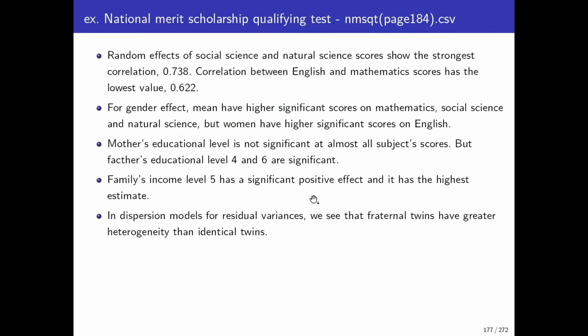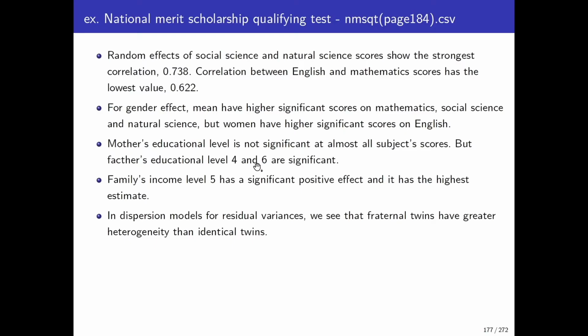On the other hand, random effects of social science and natural science scores show the strongest correlation with 0.78. The correlation between English and mathematics scores has the lowest value, 0.622. For gender effect, men have significantly higher scores on mathematics, social science, and natural science, but women have significantly higher scores on English. Mother's educational level is not significant for almost all subject scores, but father's educational levels 4 and 6 are significant.